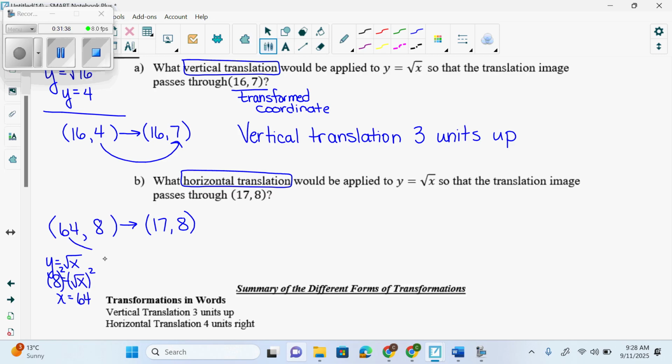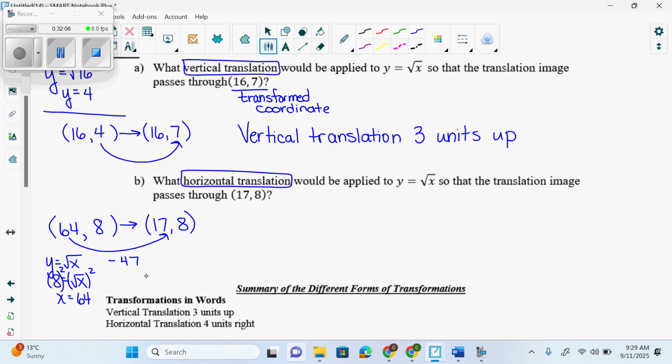So what do we do to get from here to here? You subtract what? So I'm subtracting 47 in mapping. Could you not just do y equals root x plus h and then substitute x and y?